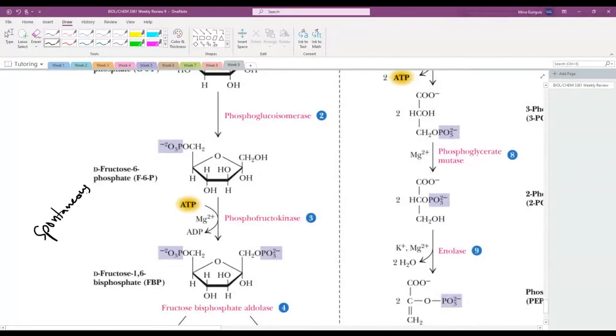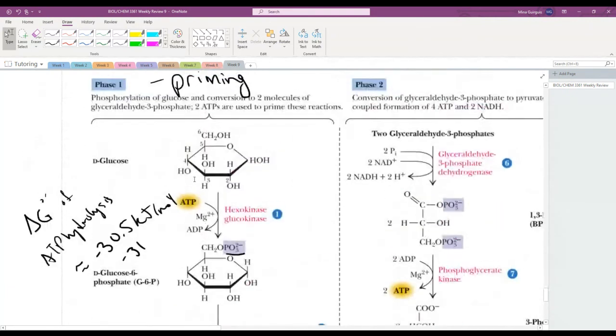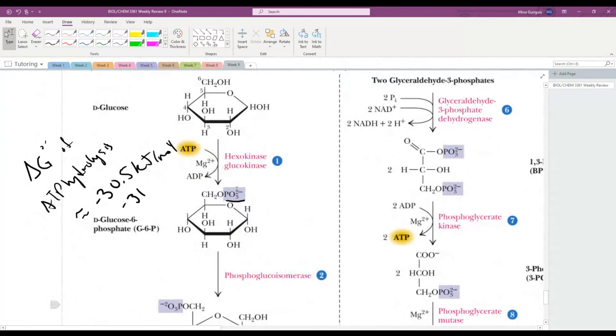So the reason that I mention these is because when you learn gluconeogenesis in a week and a half or so, one of the biggest things about gluconeogenesis that you are going to need to know is which reactions are the same as glycolysis but backwards, and which reactions have to be completely different. So without having the steps memorized, we can assume this first step, we're going to need to use a different reaction.